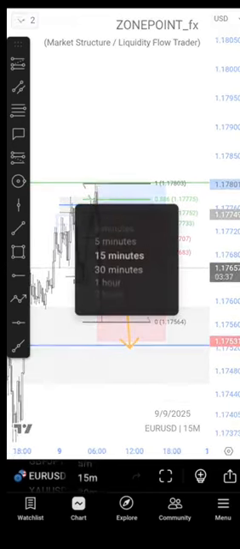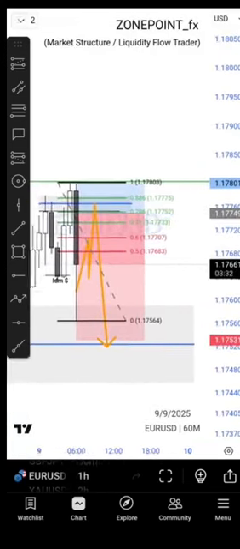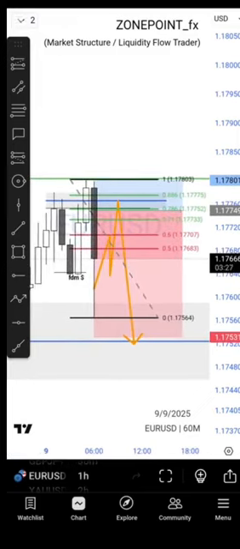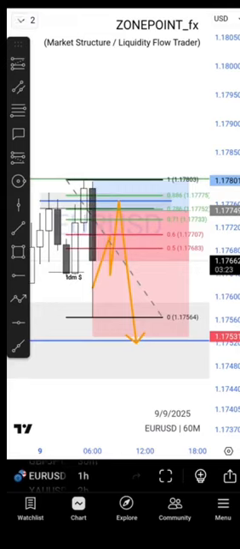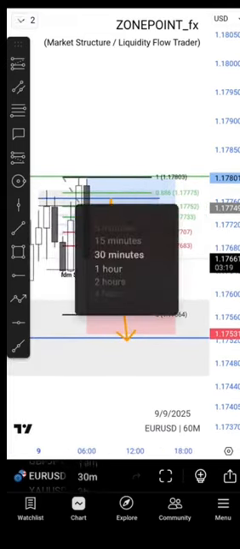Let me go to my 1 hour. You can see how I get the entry on 15 minutes. On 1 hour, okay, let me just stay on 15 minutes.